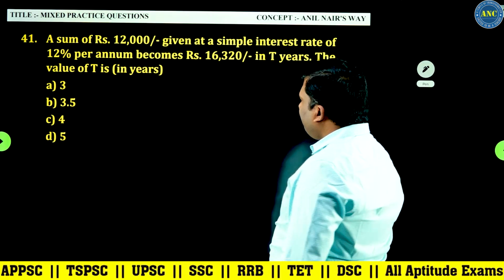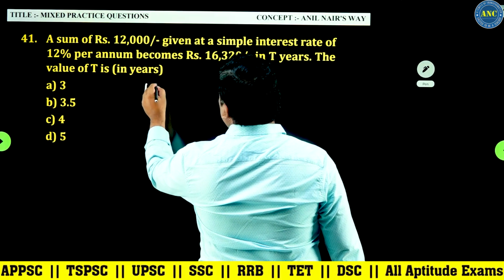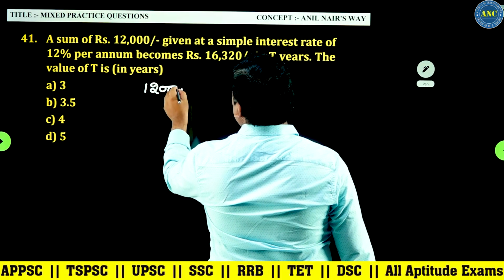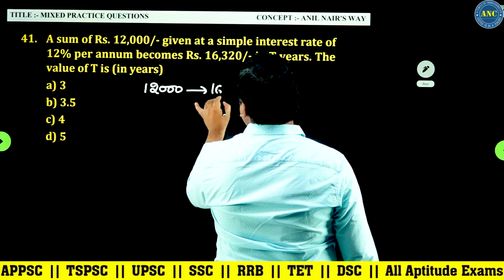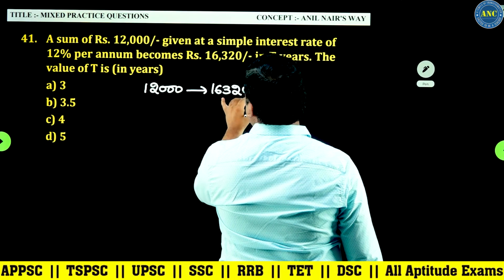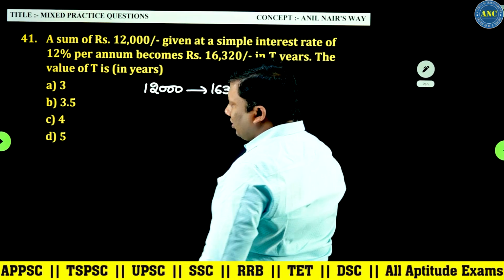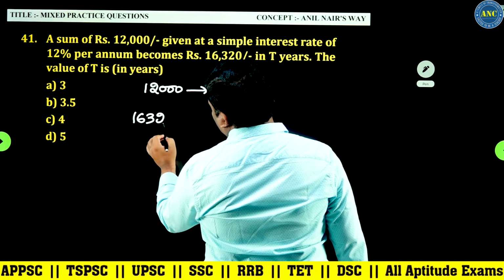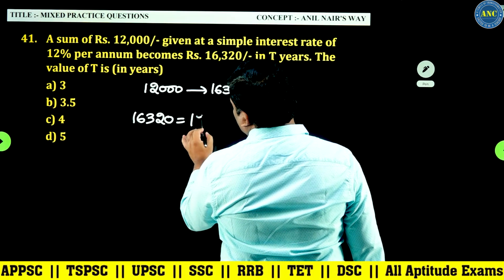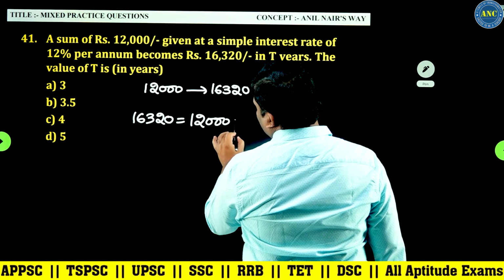Next one. 12,000 is becoming 16,320. Now if you see, the final value is 16,320 and the initial value is 12,000.